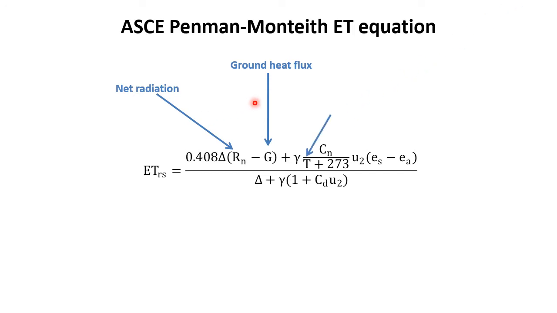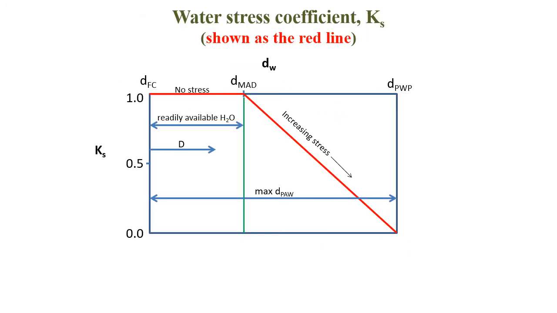Ground heat flux is subtracted from net radiation because not all of that net radiation is available for evapotranspiration. We have air temperature, and we have wind speed measured at 2 meters height. That's why it has a subscript of 2. And then we have humidity represented by vapor pressure, which is represented by E.